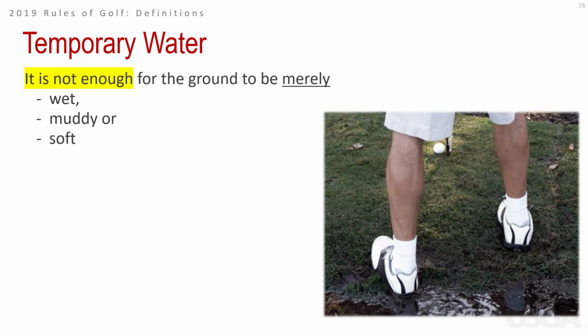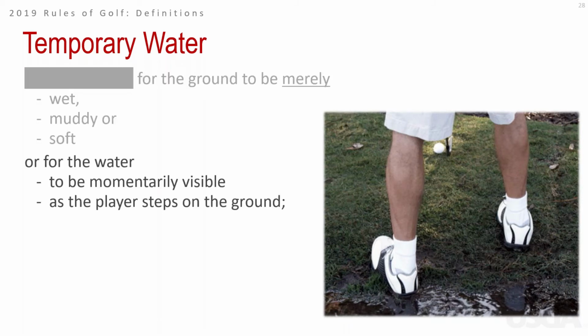However, it is not enough for the ground to be merely wet, muddy, or soft. I think we get into some of these areas where the course is draining into one area. However, if we're not seeing water and we can hear the water, that's not merely enough. We need to be able to see that water when we're taking our stance.